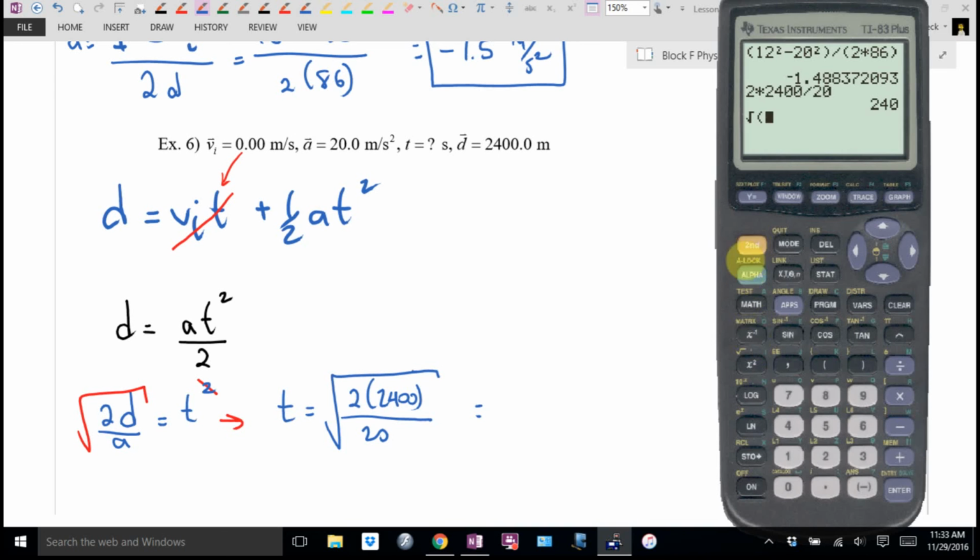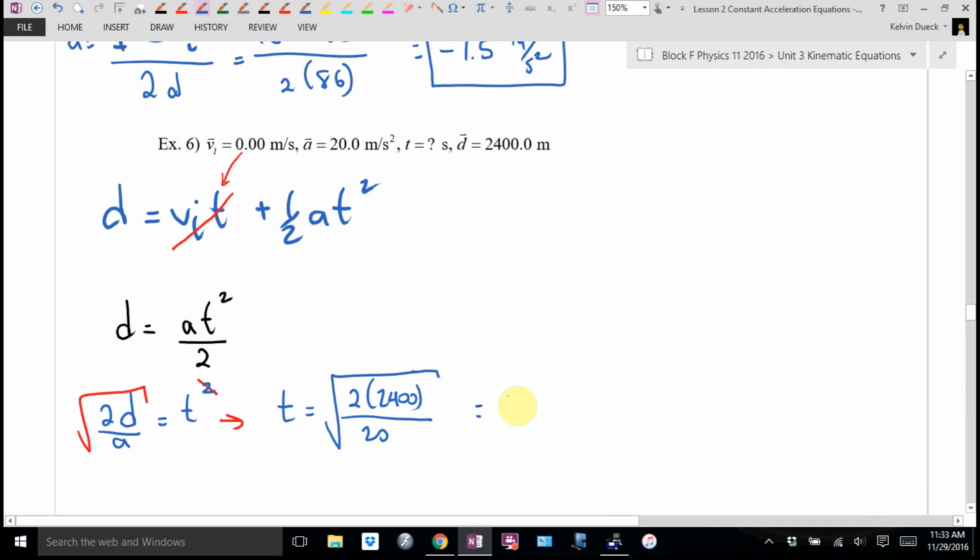And then square root of that. Some of you can do this all in one step, and that's fine too. I get 15.49, 15.5. Is that right? Anybody else? Sally, 15.5 what? Units, seconds.